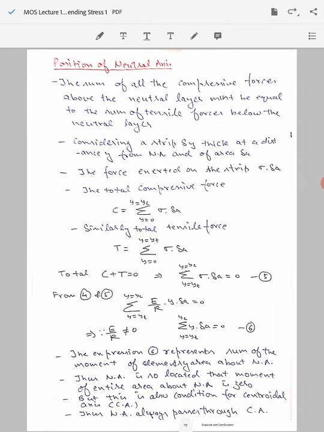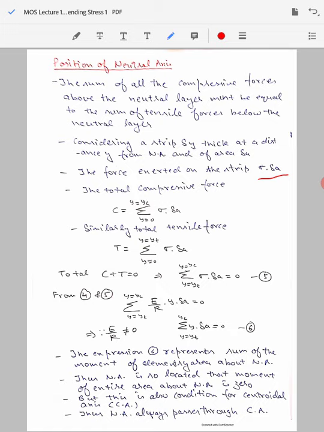Now the force exerted by this particular small strip will be given by stress multiplied by the area of the strip. So if sigma is the stress produced on this strip, then sigma dot delta A will be the amount of force exerted here. And what kind of force is that? In this case it will be a compressive force, because it is situated above the neutral axis.